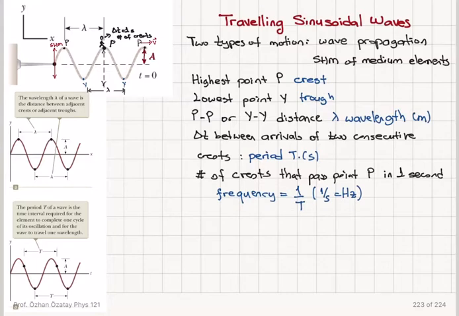And how long does it take for this wave to propagate? The number of crests that pass point P in 1 second is the frequency, measured in hertz. On the other hand, I would like to know the propagation speed. How long does it take for the wave to propagate one wavelength? The time between the arrivals of two consecutive crests is 1 period.